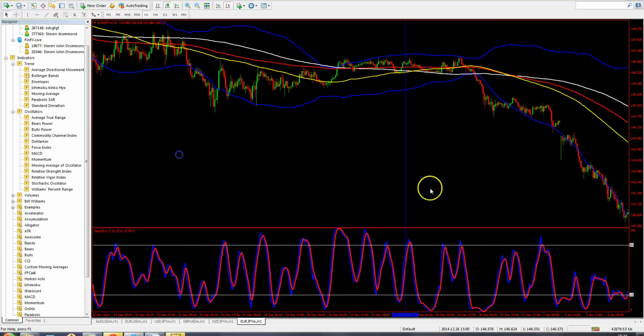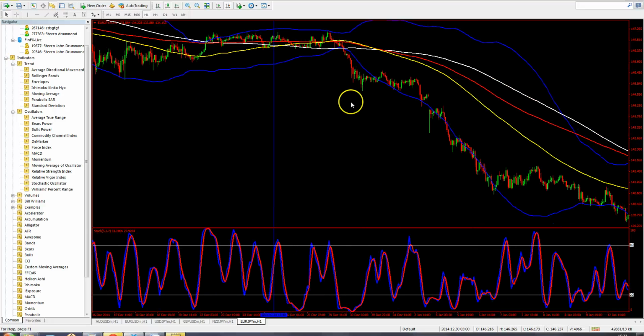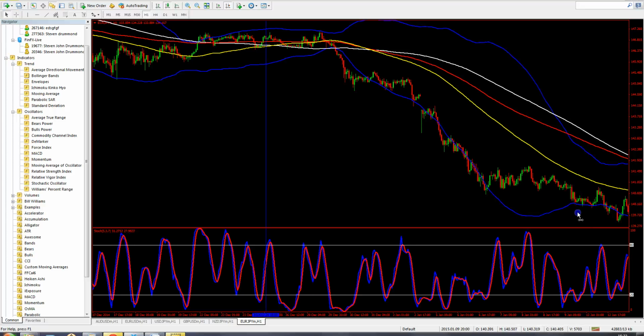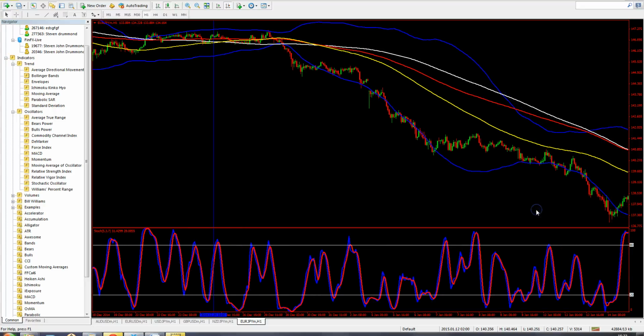Okay, meanwhile people are trying to buy, people are trying to buy, and the price just keeps going down. You've probably been in the same situation yourself. I used to do the same when I started out as well. I used to always believe that it would be great to catch the very, very beginning of a new trend, but trust me, it will kill you.